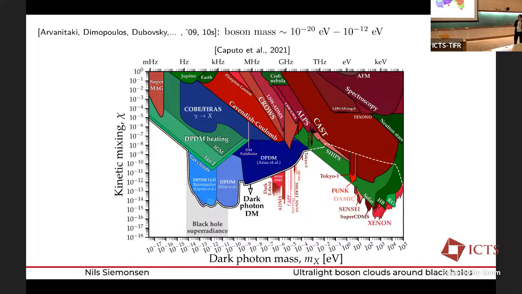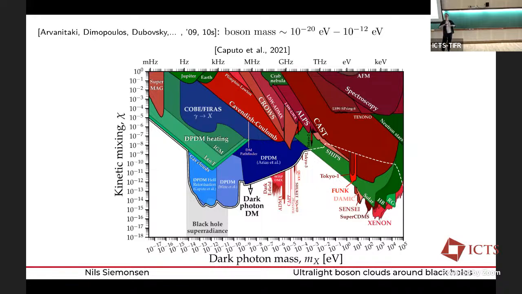One of the few, if not the only exception, is black hole superradiance. The reason it is an exception here is because it doesn't require a coupling to the standard model. Instead, it's a purely gravitational effect. As I said, you just need a rotating black hole and need the mass to satisfy a certain condition. Once that is satisfied, the superradiance process starts, and potentially observable signatures emerge.